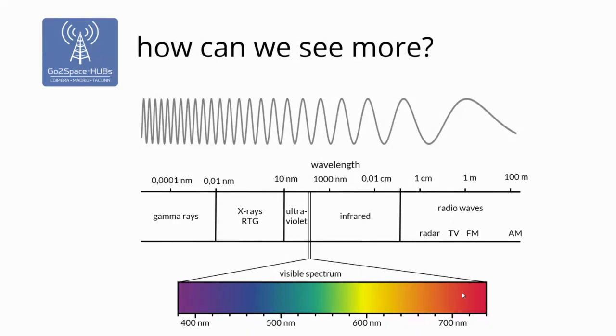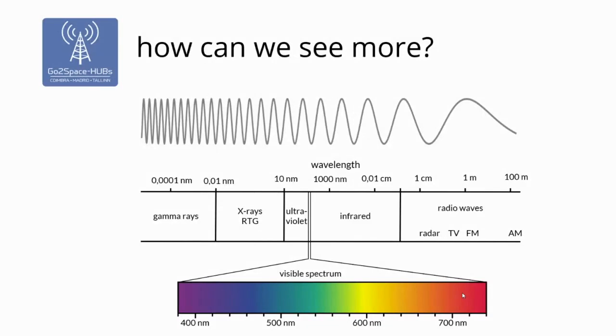So we know that electromagnetic radiation responds somehow to the condition of the object. There are a lot of different bands of the electromagnetic spectrum that also respond differently to the conditions of the object.